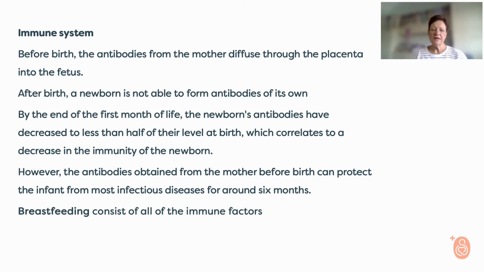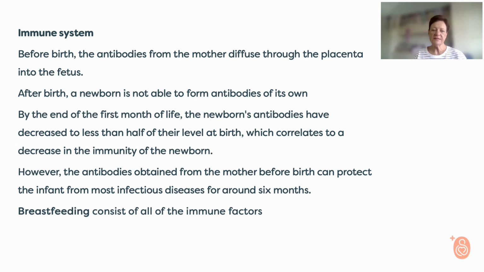Now, after birth, the baby has not been able to form its own antibodies. It's a very slow process for the baby to form its own antibodies. So for a very long period after birth, the baby literally relies on the antibodies that he gets from his mother.